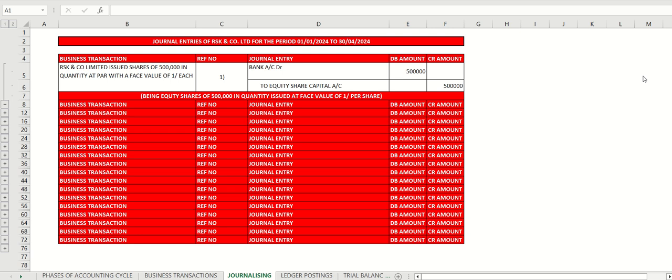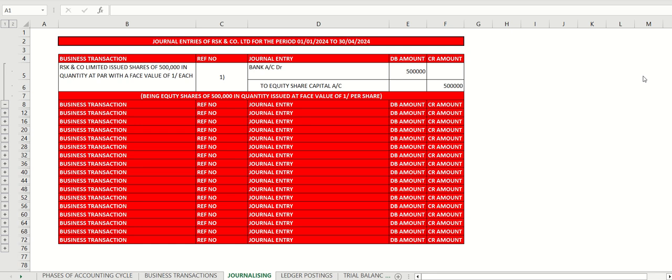We have to update the narration, right? So, being equity shares of 5 lakh in quantity issued at face value of 1 per share. Now we need to understand what ledger accounts are supposed to be created and how these journal entries are required to be posted in the respective ledger accounts as part of the third phase.